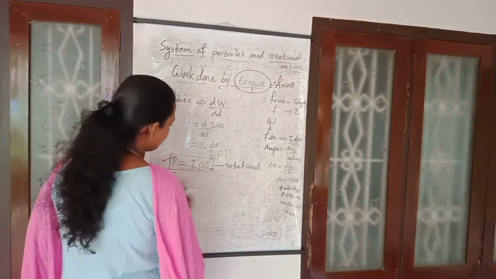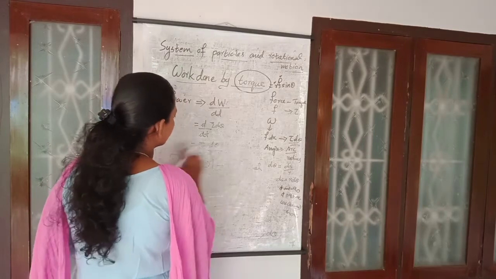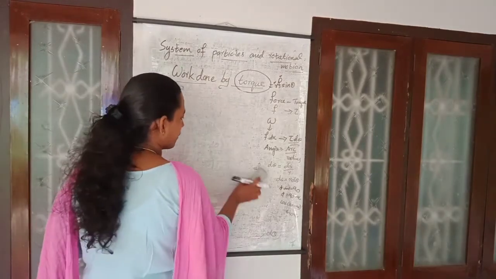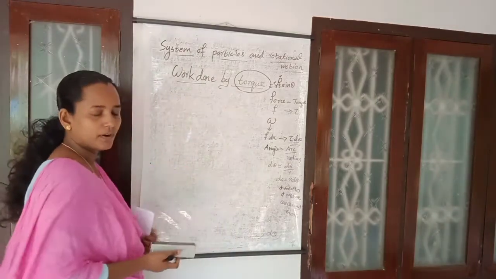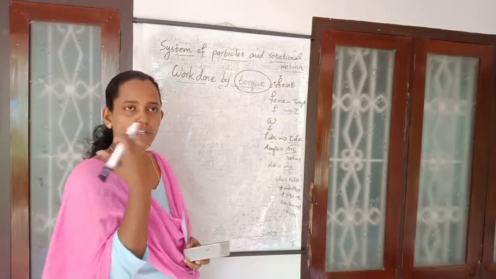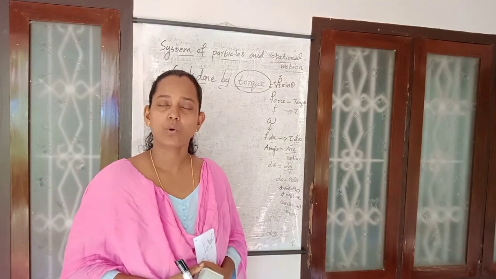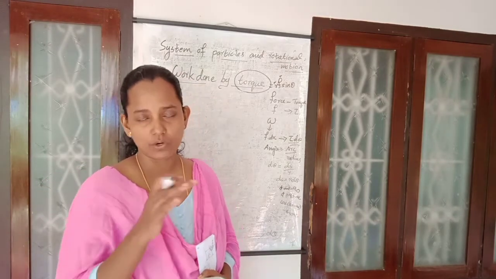And then one more relation or formula there is to show the power of a body. Whenever a body is in rotational motion, there is no internal force, only external force acting on that body.